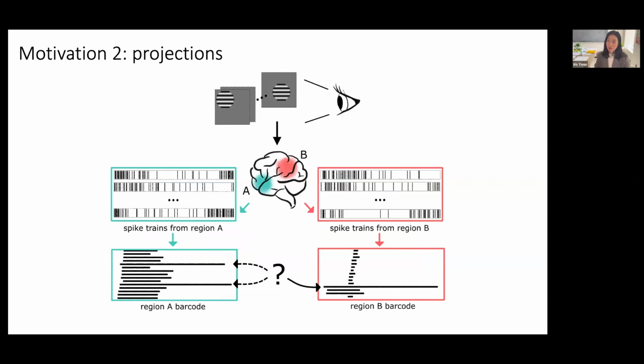Another problem of interest was when you have barcodes obtained from two different neural populations, how do you compare them? So we've done a series of simulation studies and we've implemented our method on experimental data sets as well. I'll briefly talk about how the method performed in the simulation study, because that's where we could actually do a really rigorous proof of concept and check that the method performs as expected.